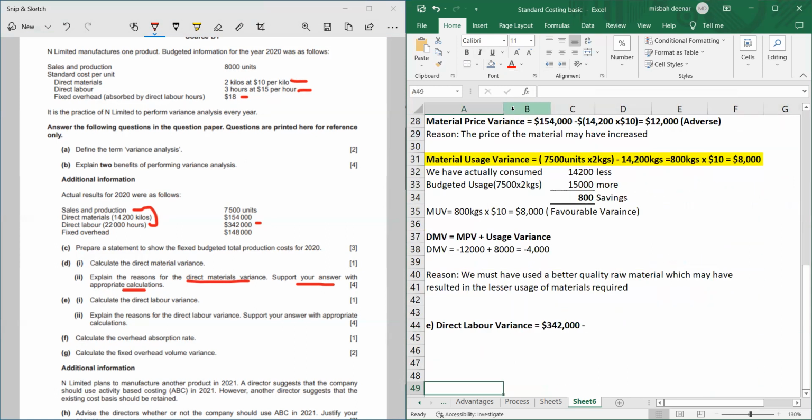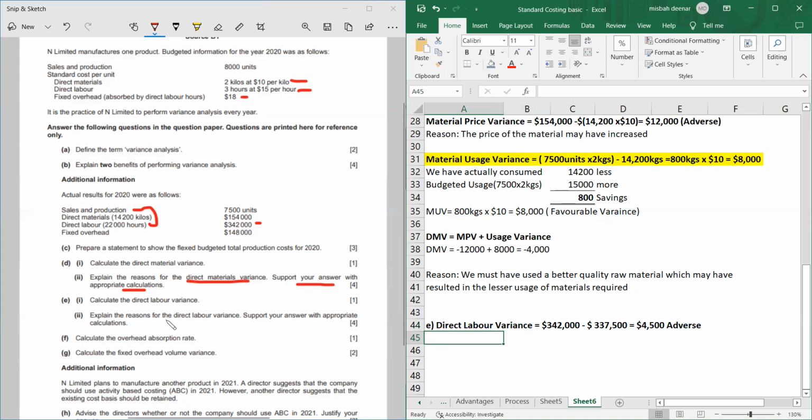So giving us a variance of $4,500. Is it adverse or favorable? The actual cost is this and the flexed cost is this, so actual is greater than flexed. That means adverse. So we have calculated the labor variance.